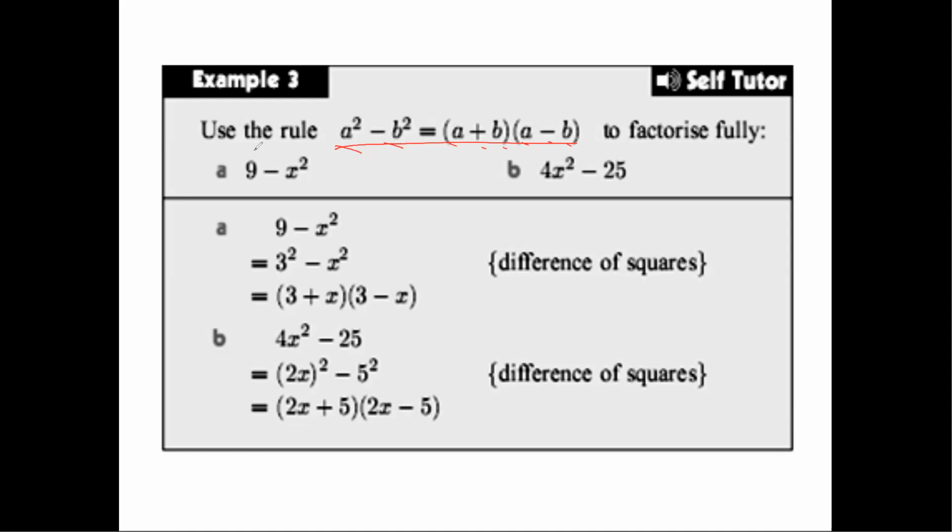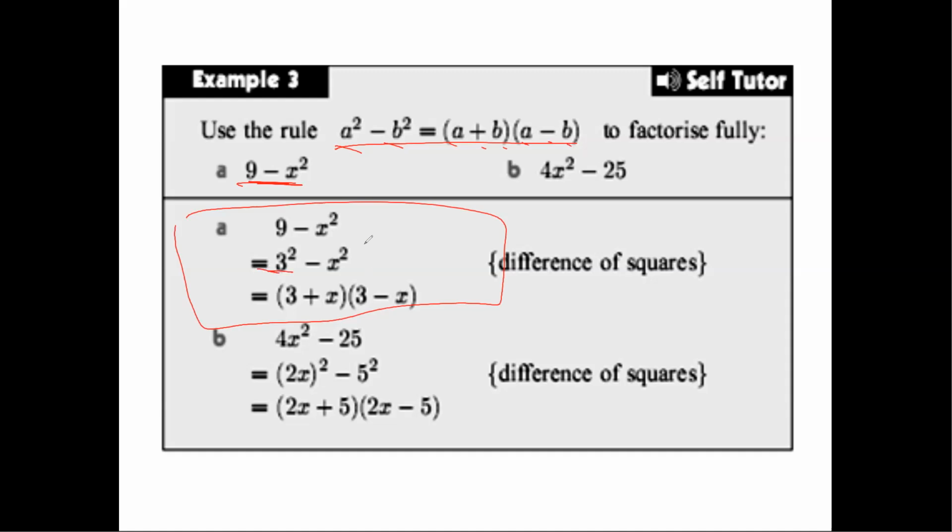Now let's look at an example. You have 9 minus x squared, and you have to factorize that. And then you have 4x squared minus 25. So when you look at 9 minus x squared, you can recognize that 9 is really 3 squared, right?